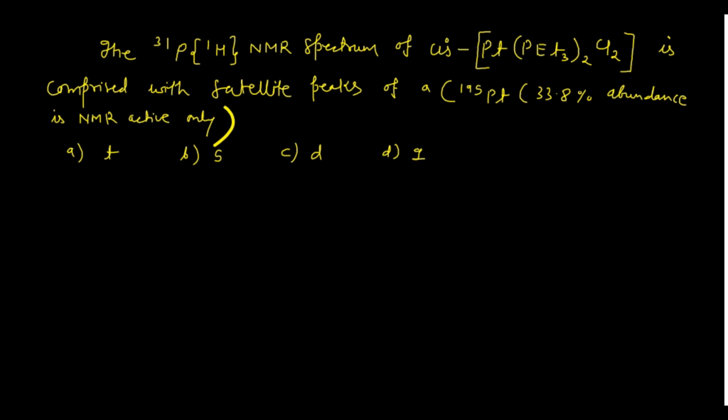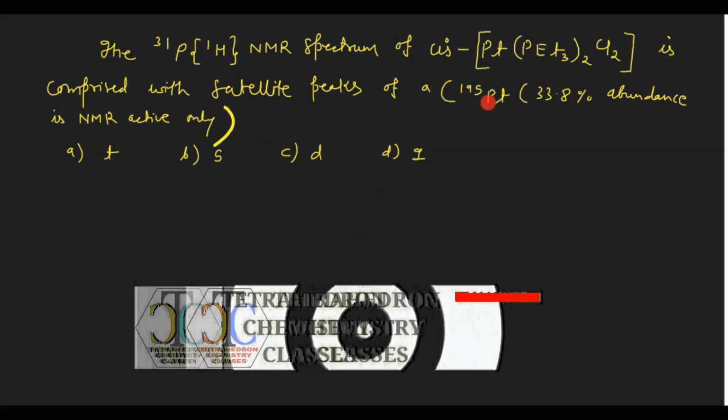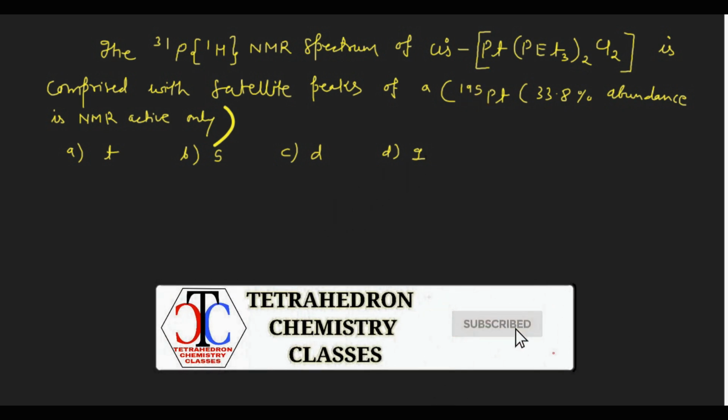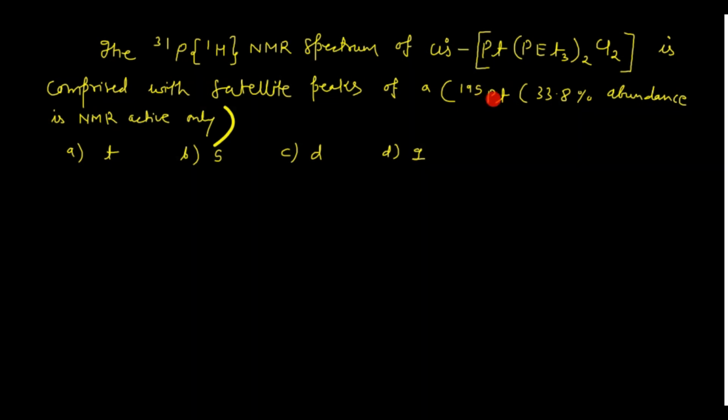So what it is saying is that you are having this particular compound and this platinum is having two isotopes, okay? But of these two isotopes, the active nucleus is this 195. Please remember, this 195 is the active nucleus, and another isotope of this platinum, which is 194, is actually an inactive nucleus, okay?